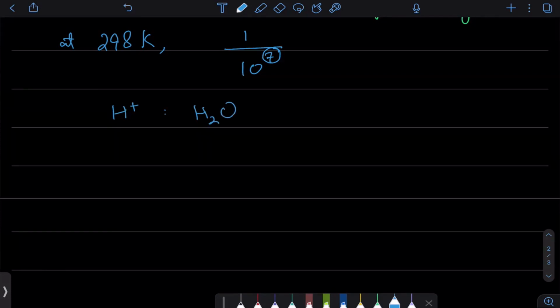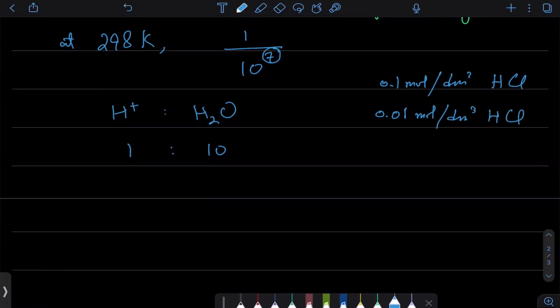So he saw that if I add 0.1 mole per dm cube HCl, a strong acid, then the ratio comes out to be 1:10. And if I have 0.01 mole per dm cube HCl, still a strong acid, then the ratio of these comes out to be 1:100.